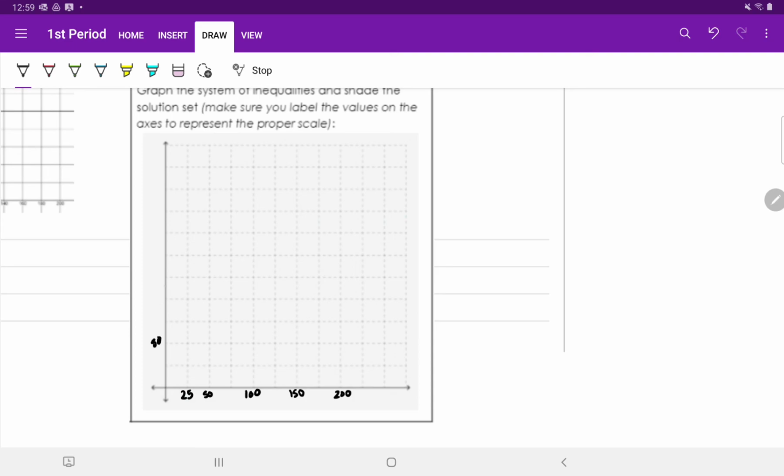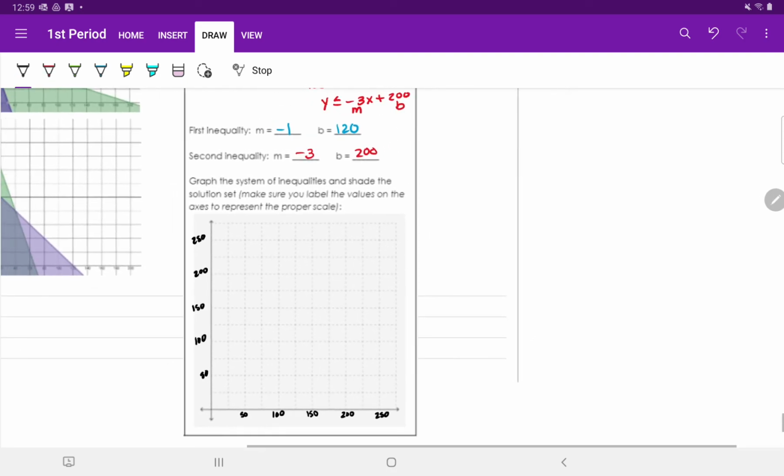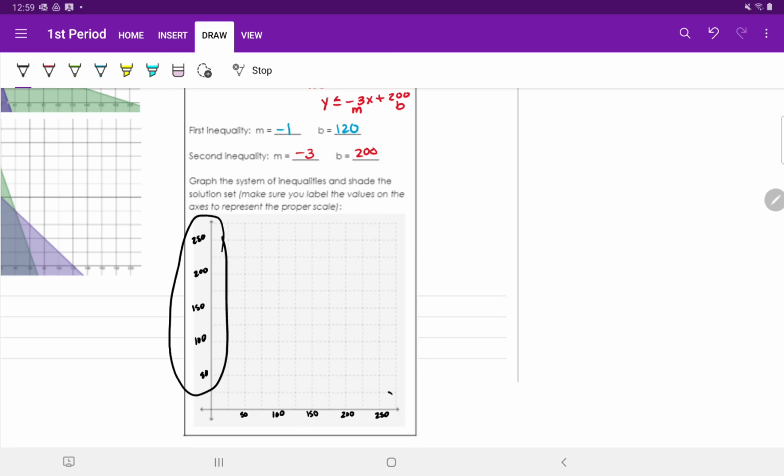So we'll call that 50, 100, 150, 200, 250, etc. I'm only making sure my scale is appropriate so that when I go to draw my graph, everything fits on it. And it's usually easiest if you make sure the scale on the y-axis matches the scale on the x-axis.